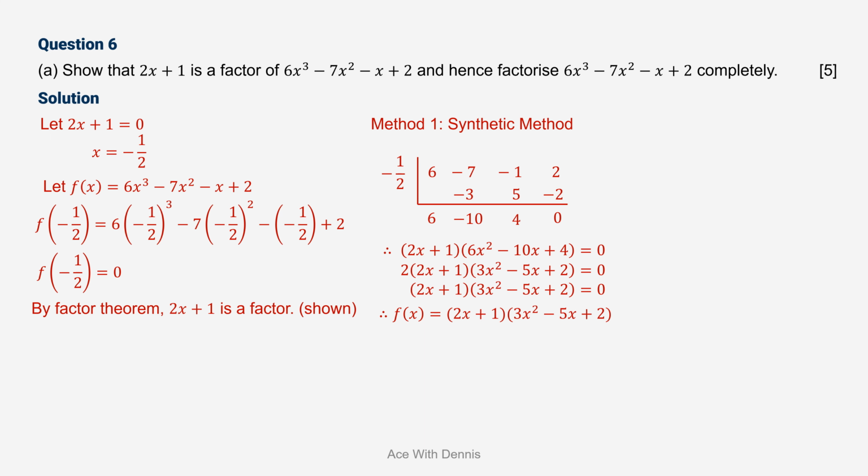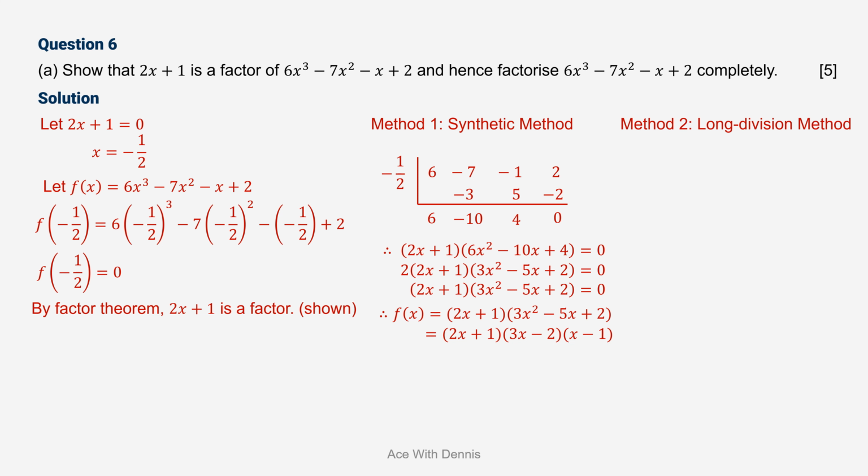Hence, function f(x) equals 2x plus 1 times 3x squared minus 5x plus 2. So the next step we do is we can factorize the quadratic factor here, and it becomes 2x plus 1 times 3x minus 2 times x minus 1. So this is method number 1 using synthetic method.